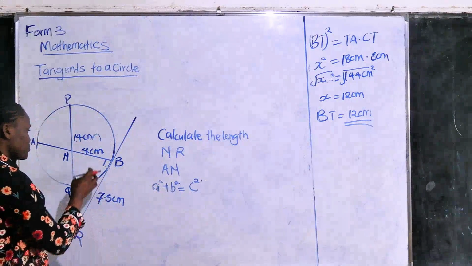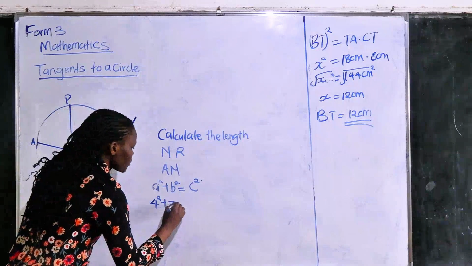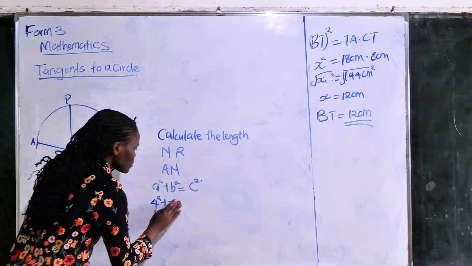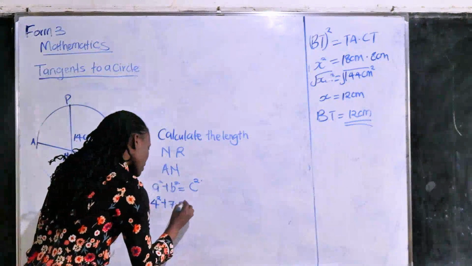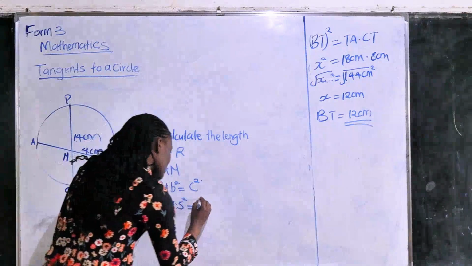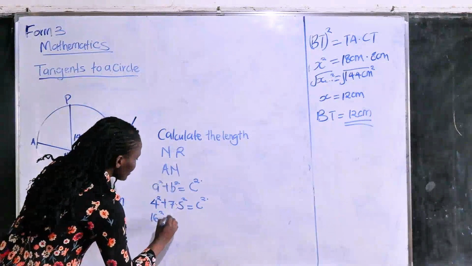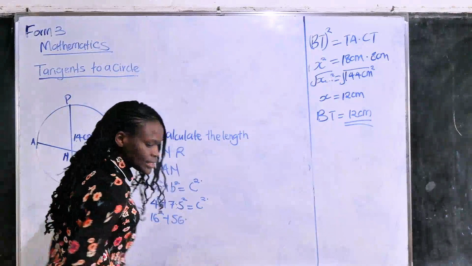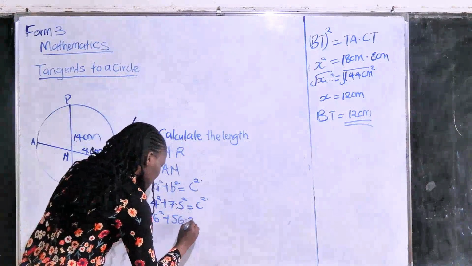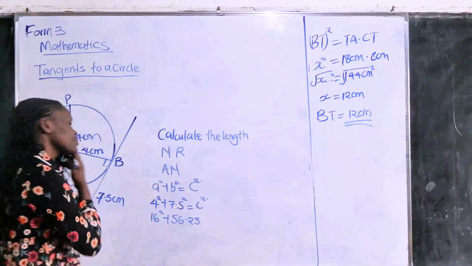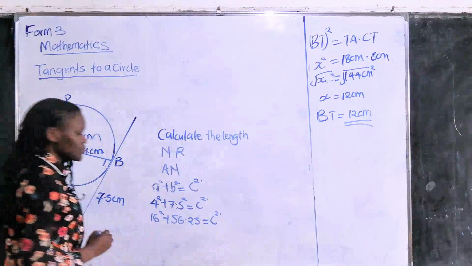We have 4 squared plus 7.5 squared is equal to C squared. That is 16 plus 56.25 is equal to C squared.